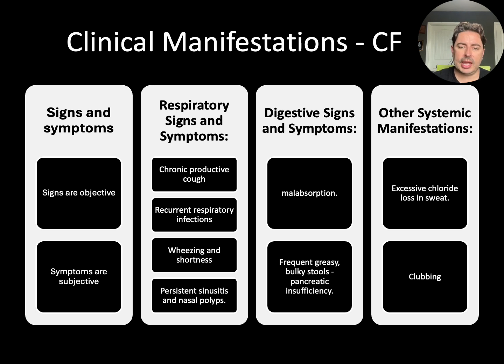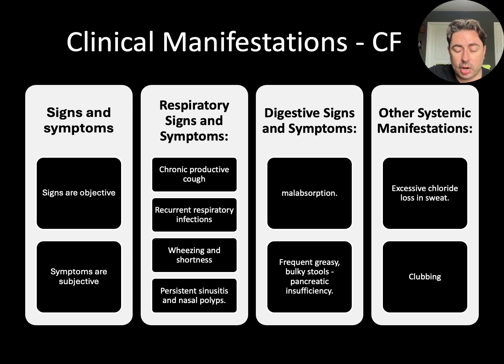So now let's look at cystic fibrosis. Cystic fibrosis is a great example because it impacts so many other organ systems besides respiratory. So when we look at the respiratory system that's impacted and the signs and symptoms that are associated with it, they can have a chronic productive cough.